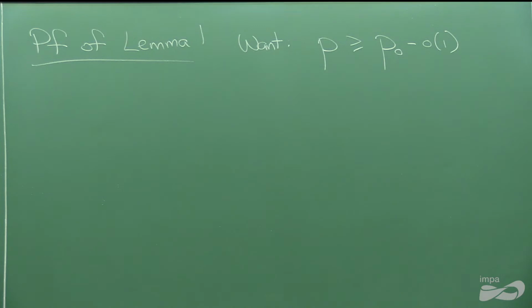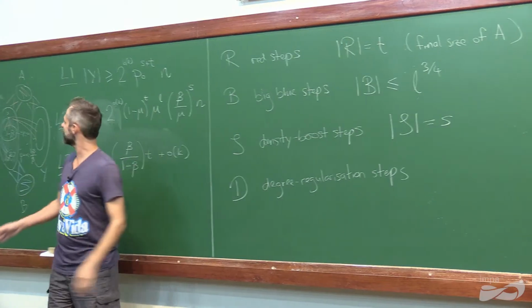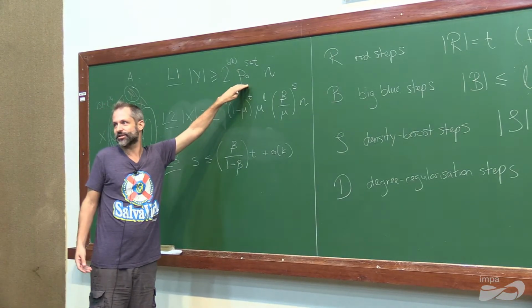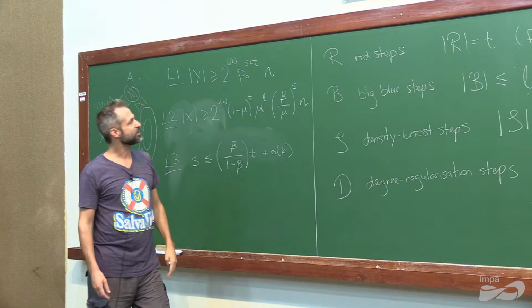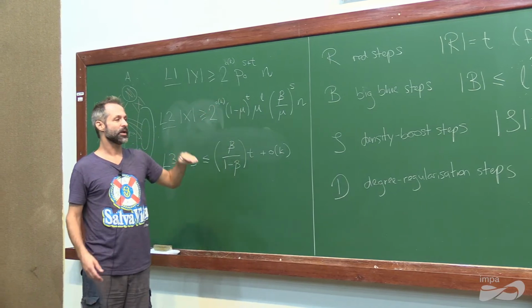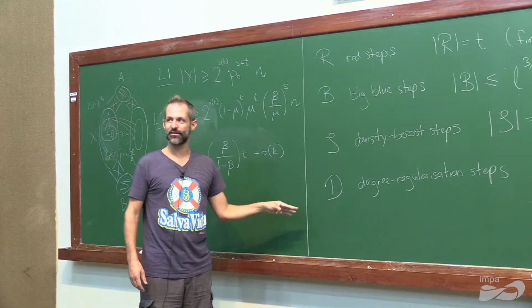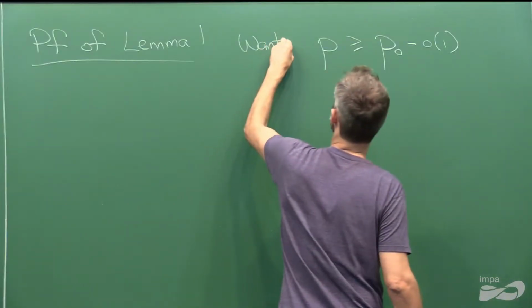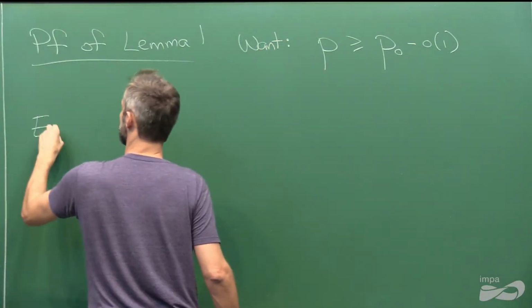Because we know from the definition of the algorithm that y only decreases in red steps and in density boost steps. In big blue steps, it's left the same. In degree regularization, it's left the same. So the only thing that can happen is that we multiply by p each time, basically. Not quite, because we don't get p, we get something a little bit smaller. So why is this enough?